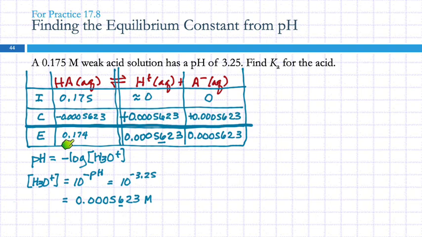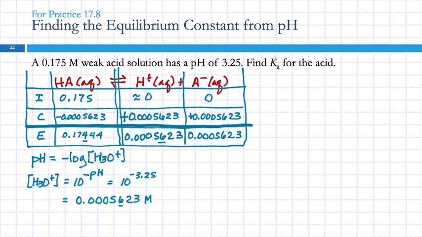Now this was subtracting, so that would be the last significant figure, but we just always want to write down 2 extras. So now we have the equilibrium concentrations.